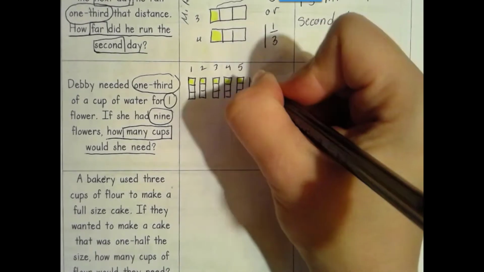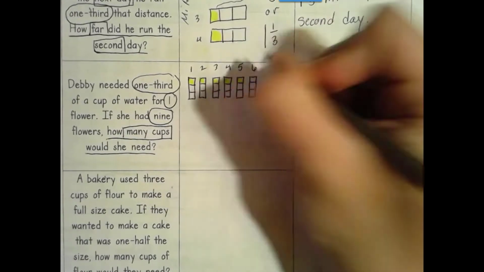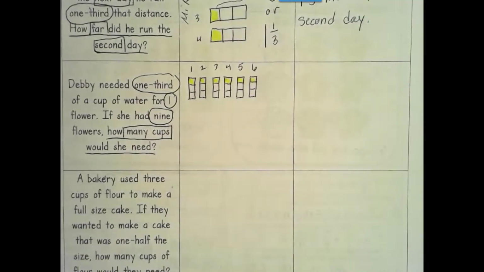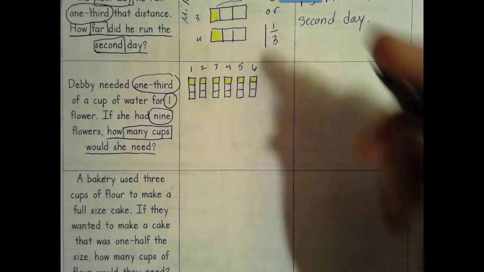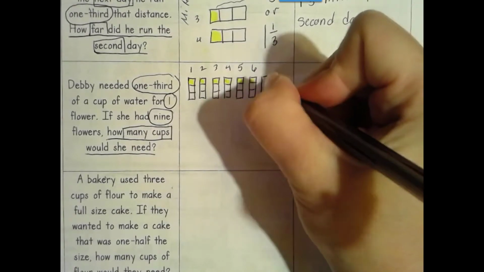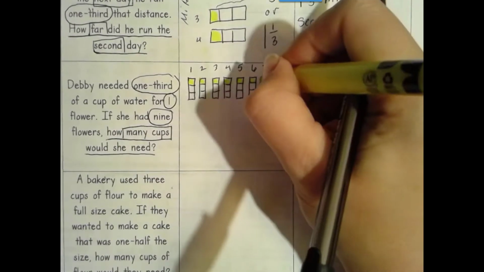The sixth flower gets 1/3 of a cup. The seventh flower gets 1/3 of a cup.